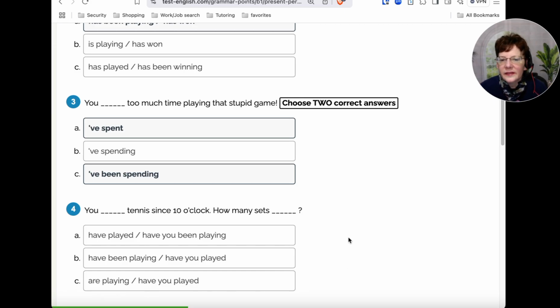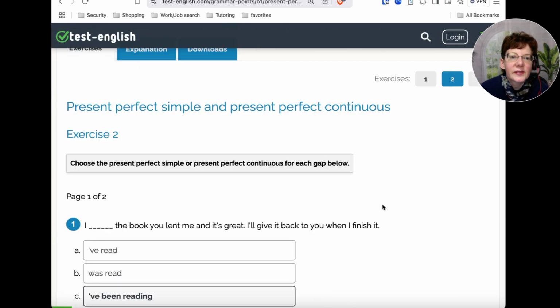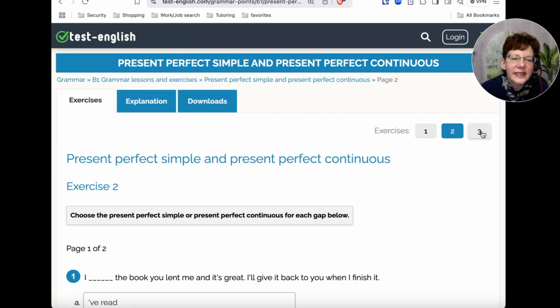So if you chose option B, have been playing and have you played, that sounds correct. It started earlier and was still continuing. And how many sets have you played? That means so far. All right, let's look at the third one real quick.